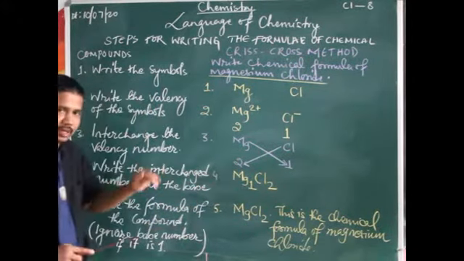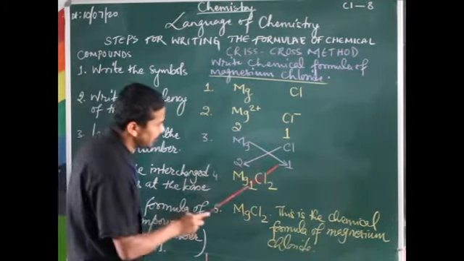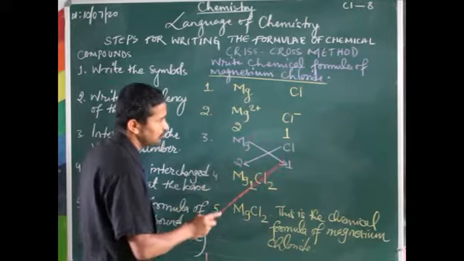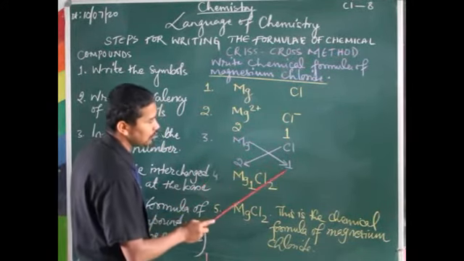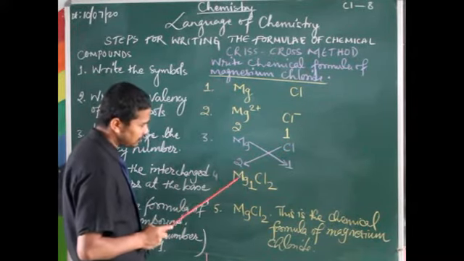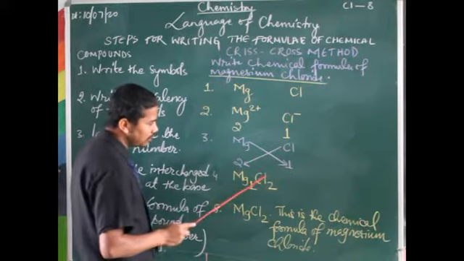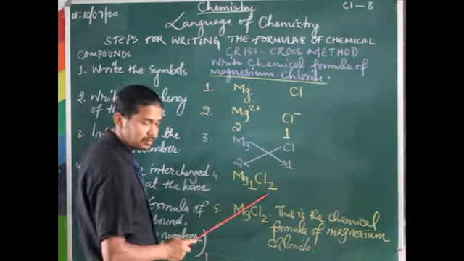Just below the symbol you will be writing the valency in step number 3. Then you will be interchanging. That means magnesium now will have 1 and chlorine now will have 2. So magnesium 1 atom, chlorine 2 atom.